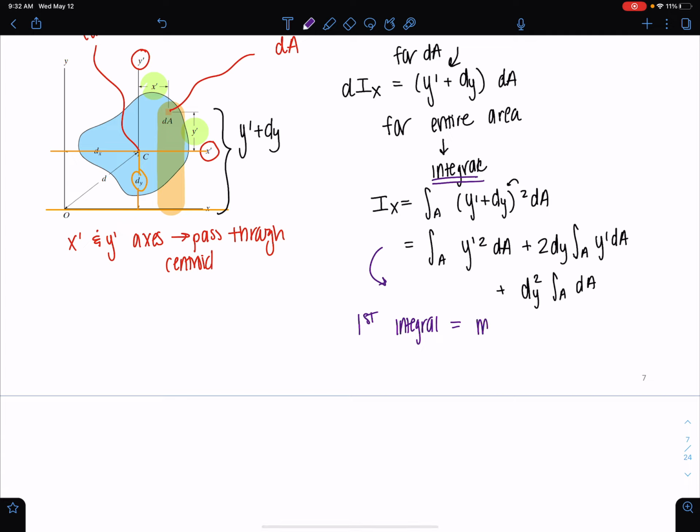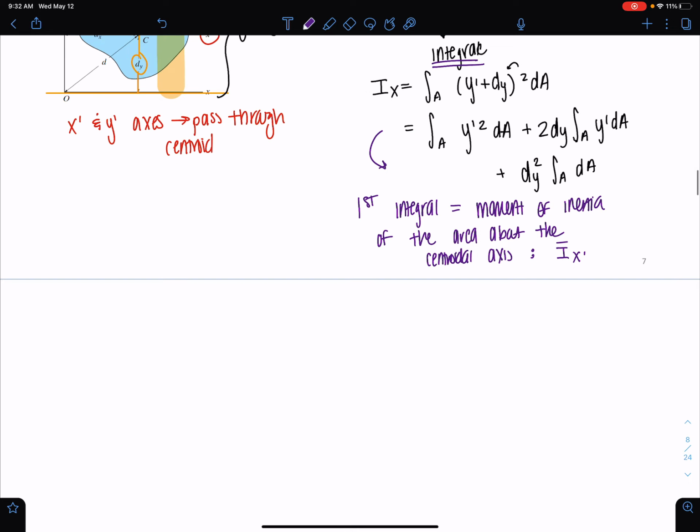So this is equal to the moment of inertia of the area about the centroidal axis, which we would call Ix prime. Okay.